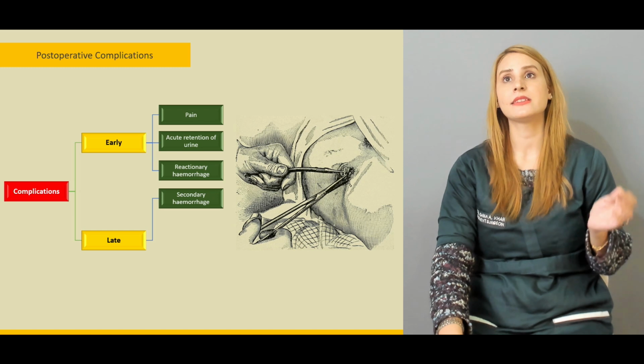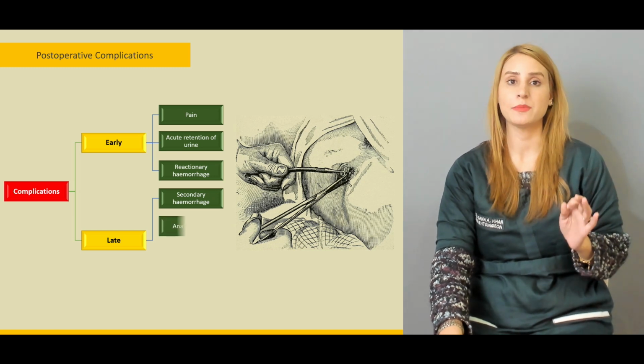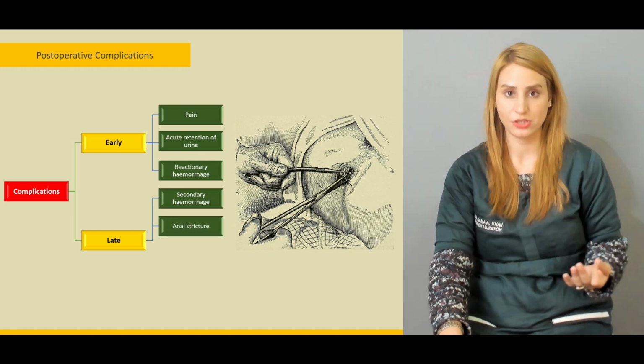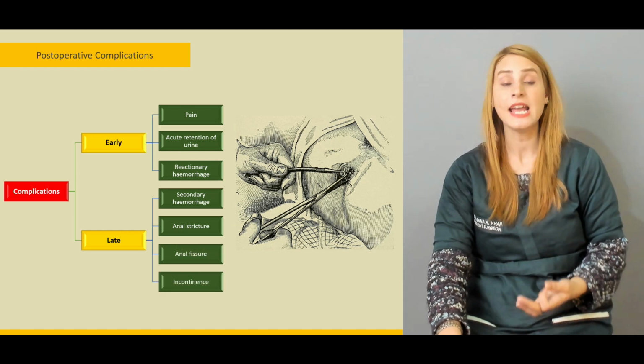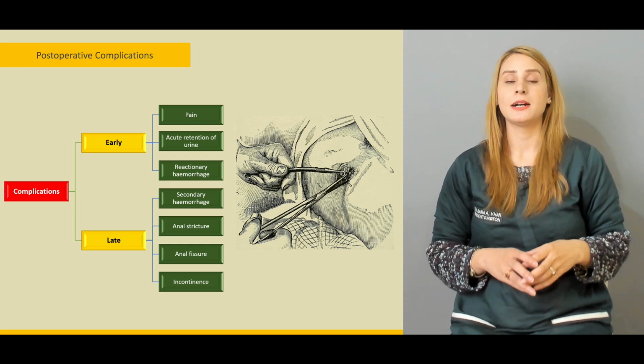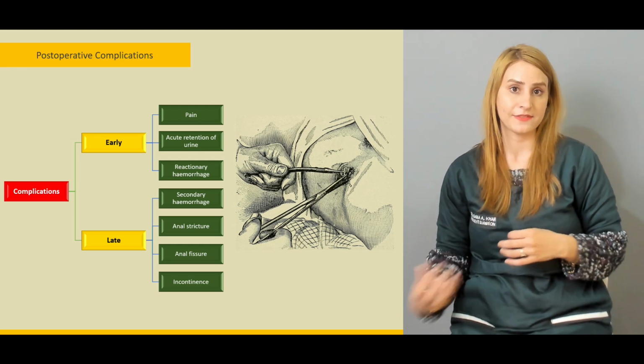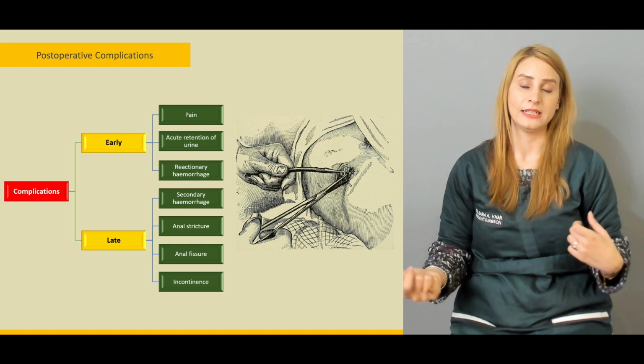If we talk about the late complications, there can be secondary hemorrhage, formation of anal stricture, anal fistula formation, anal fissure formation, and the patient can present to you with incontinence when you're tampering with the sphincters.